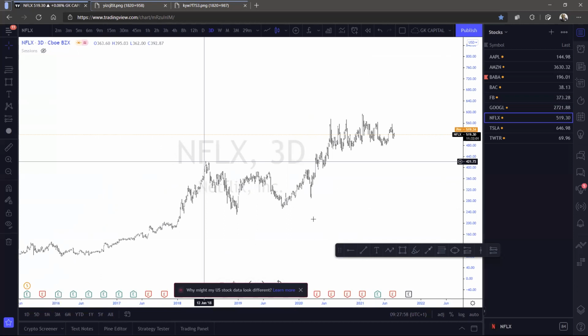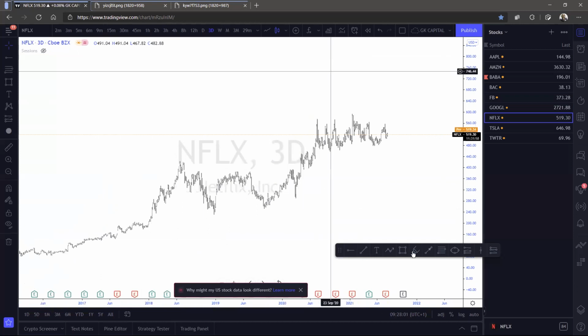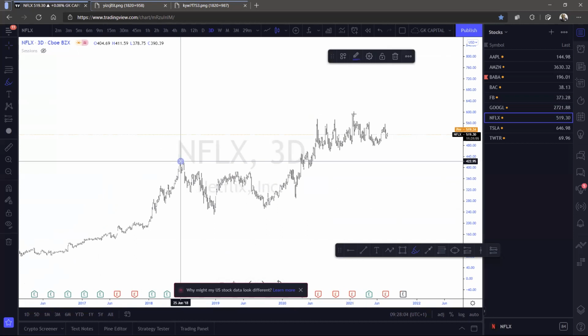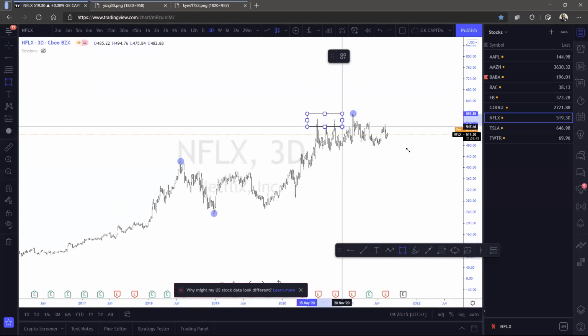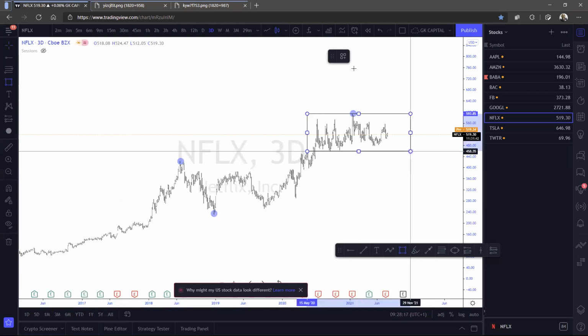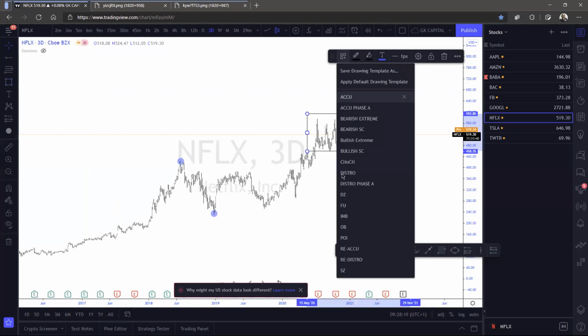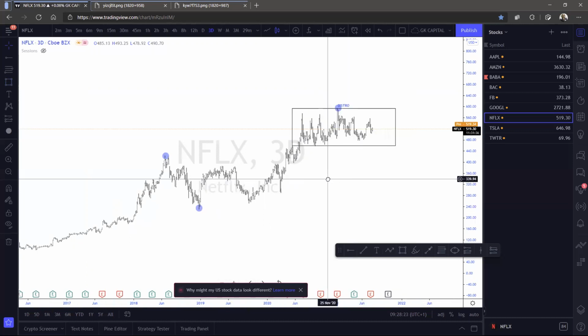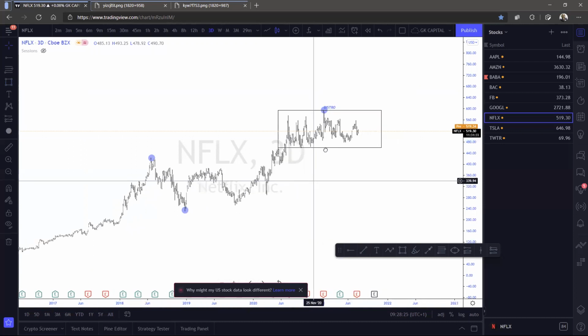Okay, cool. So with Netflix, interestingly, this was the previous high, and now price pushed in this high. So this is what's holding it. Okay, and we can also see the distribution phase kicking in, but we just need to get break of structure.